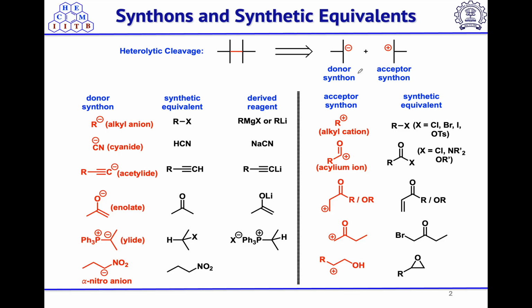Among these donor synthons there are various examples, and corresponding synthetic equivalents are also there. Which reagent we have to use for a particular donor synthon, I have written here. This we have already discussed.